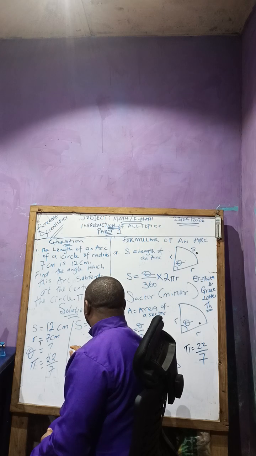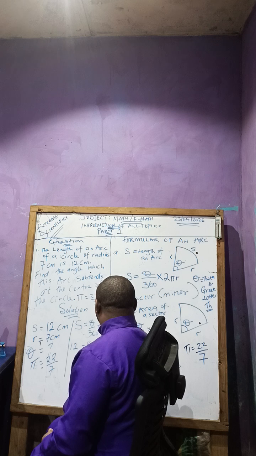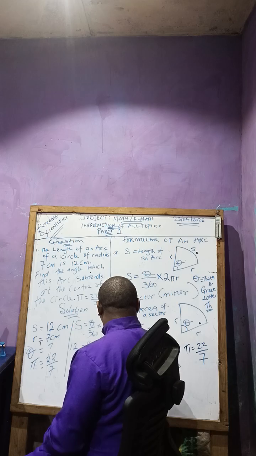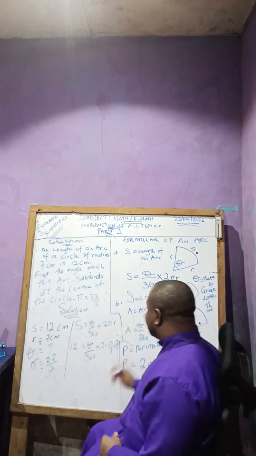So what am I going to do? My S is 12. I'm looking for theta. Theta over 360 times 2 times 22 over 7 times 7. Are you seeing it? 2 times 7.